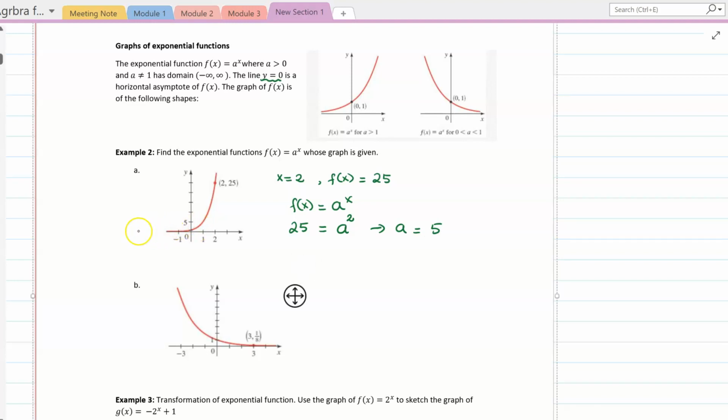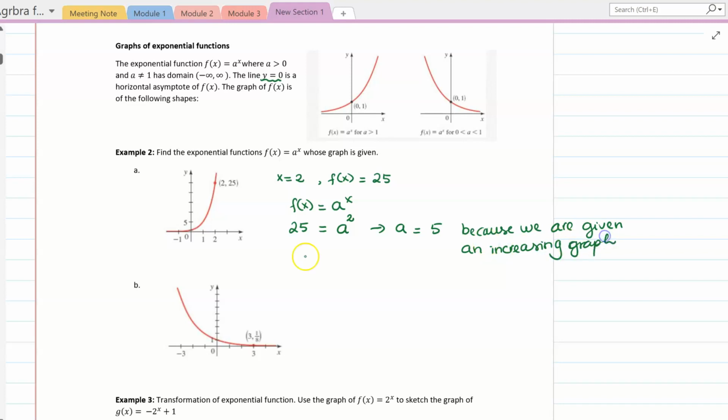It is increasing from left to right, therefore a is positive, and a equals 5 here instead of 1/5 because we are given an increasing graph. So then f of x is equal to 5 to the x.